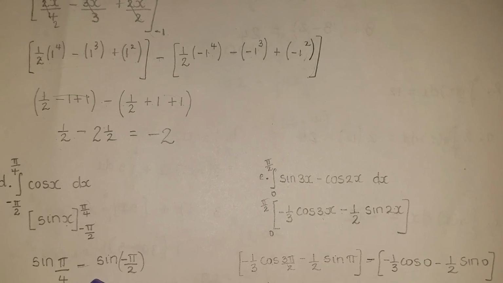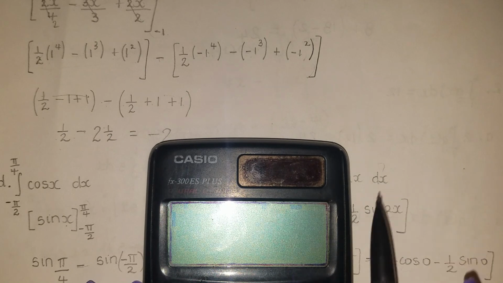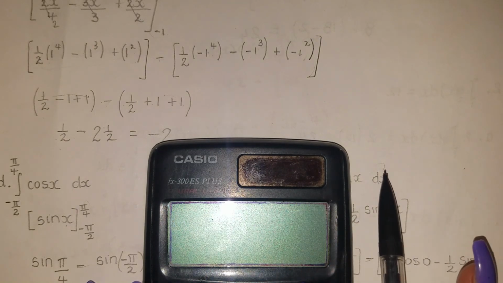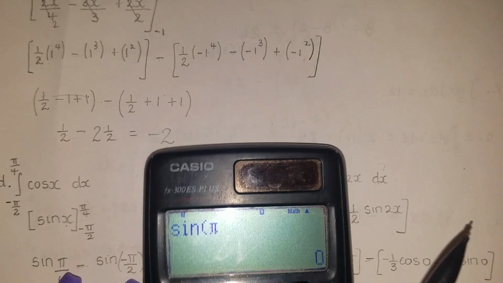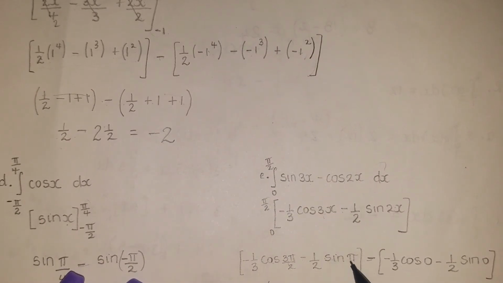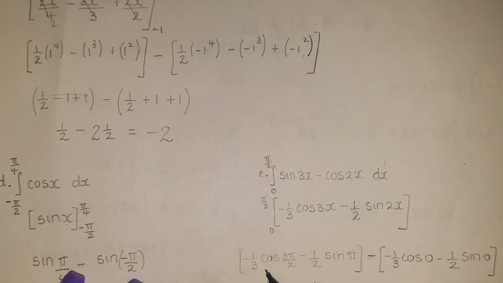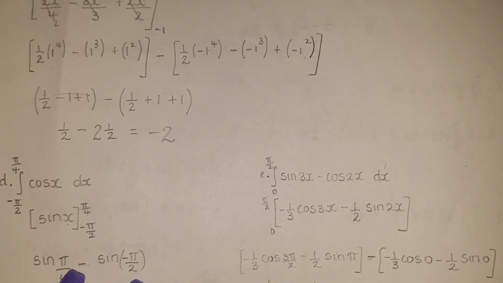Minus sign goes back. Now let's find sine pi. Sine of pi is 0 as well. So this is 0 times half, which is still 0. So the answer for the upper bracket is 0.